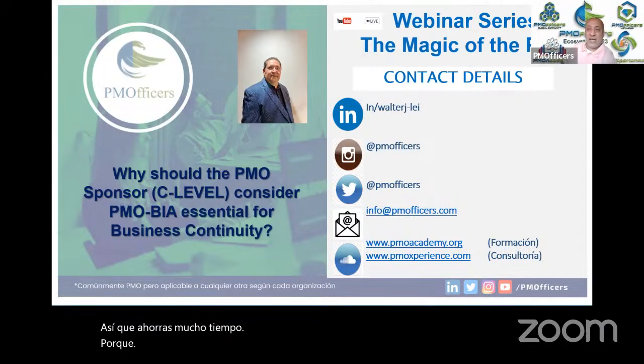Perhaps we can include a third one, which is the backup line. In case we have the main, the first data center, and which is the secondary in these cases? Because if the primary data center goes down, the PMO within the project should have the backup for the second line, the secondary data center.